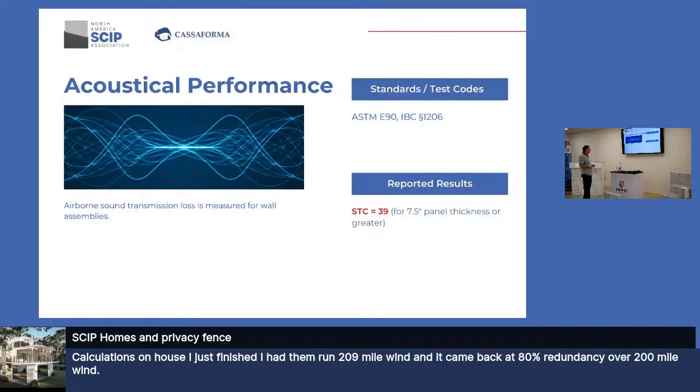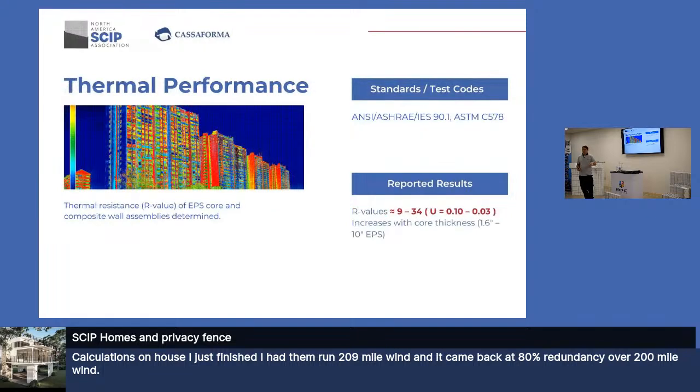Well, regarding the performance, as I mentioned, the lowest value that we have is around R-13, and we can go up to 40 or so, depending on the manufacturer. That depends not only on the thickness of the panel, but also on the density of the foam that you're using.